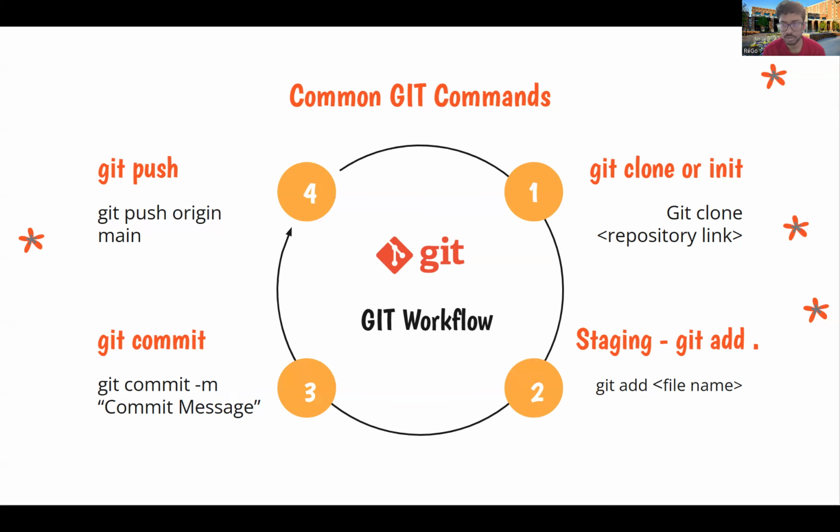The second step is staging. So, what is staging? Staging is basically telling Git that you are ready to commit something. Let's say you're making changes in a file named sample.txt, and you added a few changes.